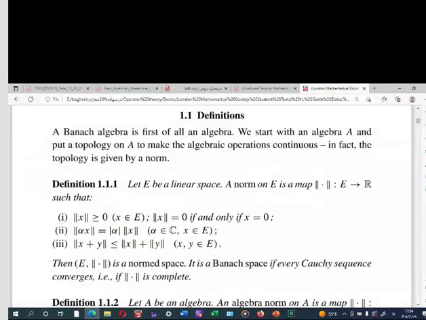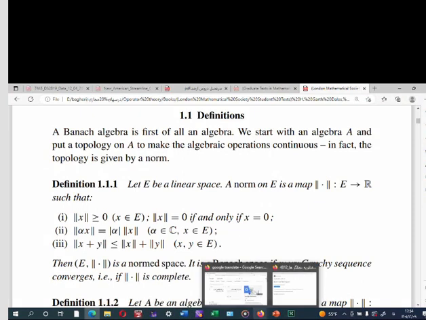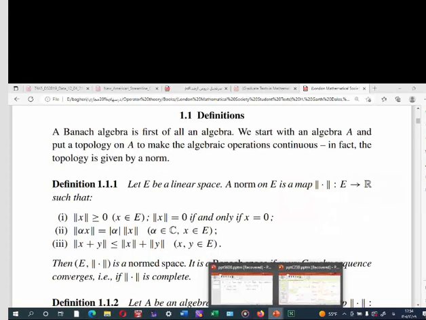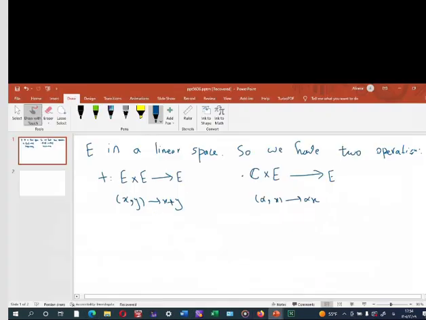And we know many examples are in linear spaces and normed spaces.